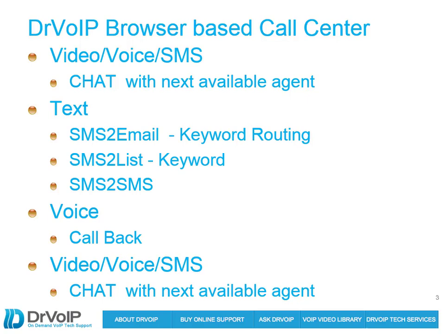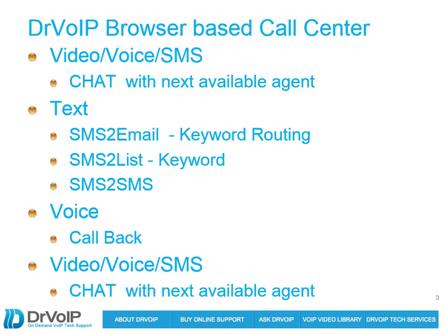We also have SMS to list, which again uses a keyword. You publish a telephone number, and an incoming text will be added to a list. This is useful in marketing programs and employee notification programs, in which a keyword adds the ID of the incoming text to the list, and then you have the ability to send bulk messages out to your list.